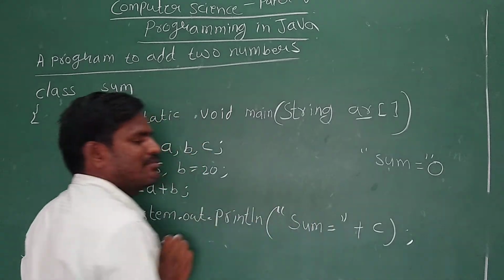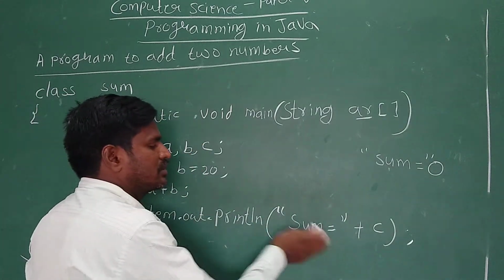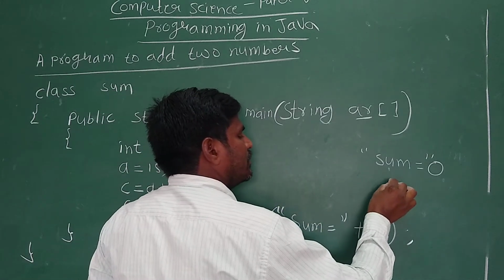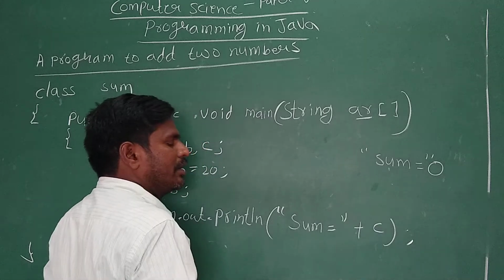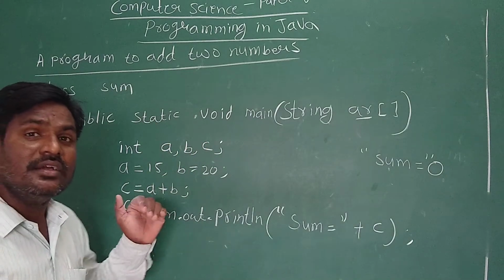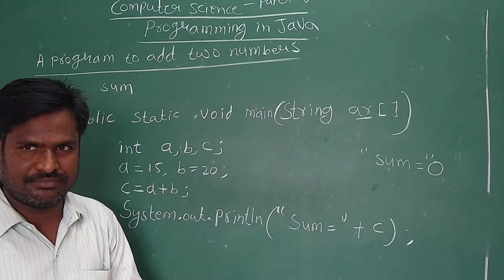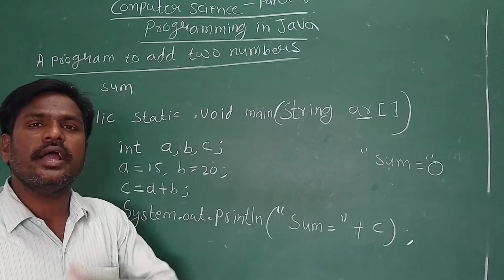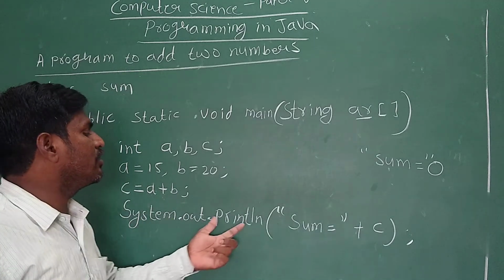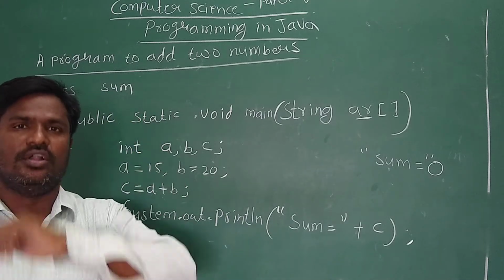Here we require some explanation. Most of the students get confused here, because in C language and C++, output statements were written differently, and in Java differently. Java is a purely object-oriented programming language. We already studied that System.out.println is an output statement that will take only string values.